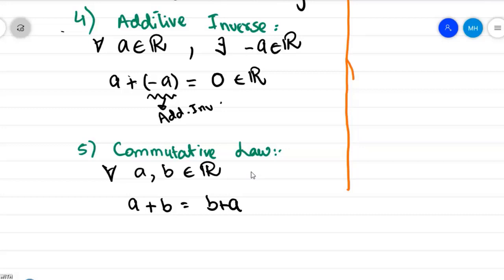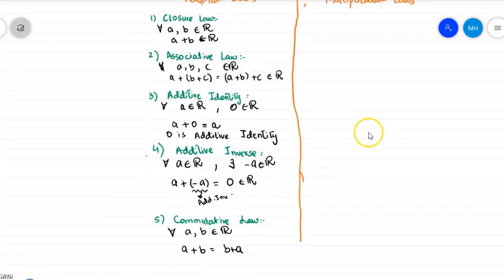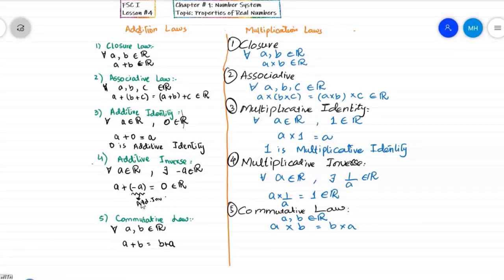Now it's your turn. Now you have to prove all the properties for multiplication. So I have proved these properties for multiplication also. The first property is clear.